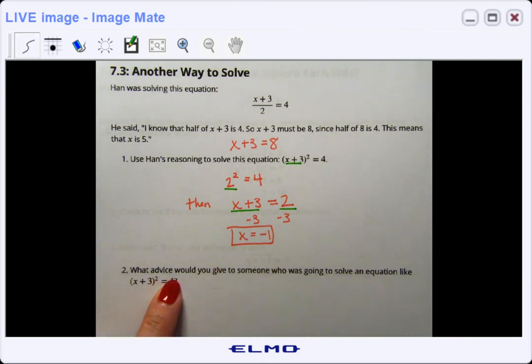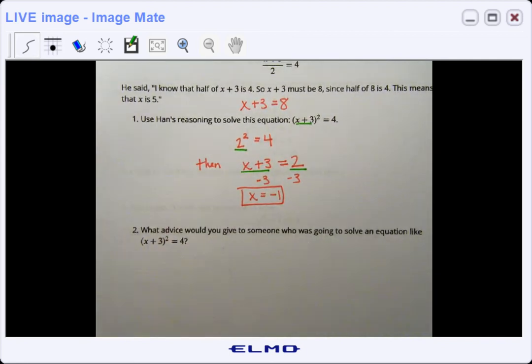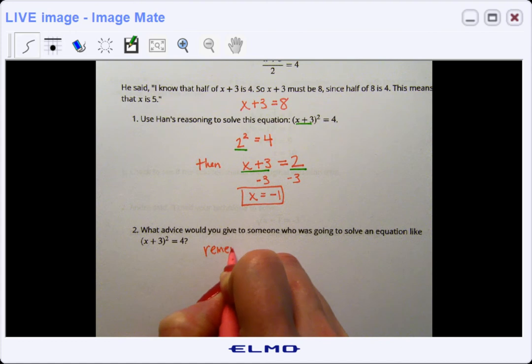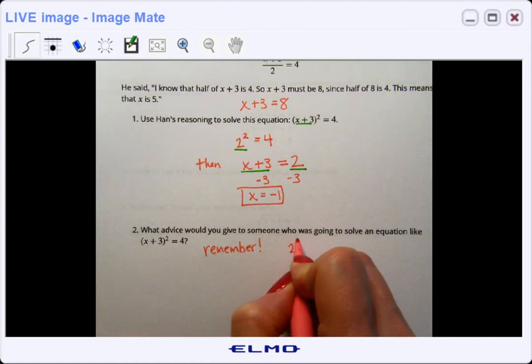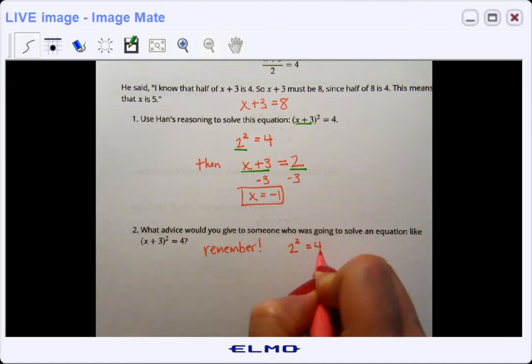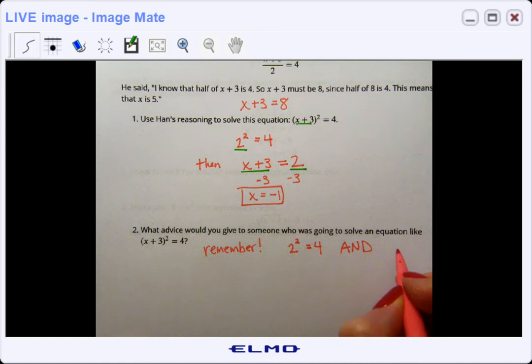So that's our advice. We're going to give this advice to someone who is going to solve an equation like that: remember not only is 2 squared equal to 4, but I'm going to write AND in caps, (-2) squared.